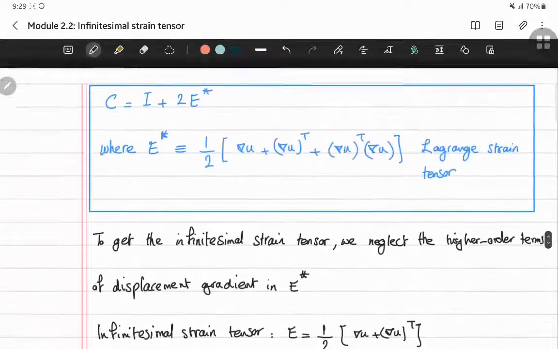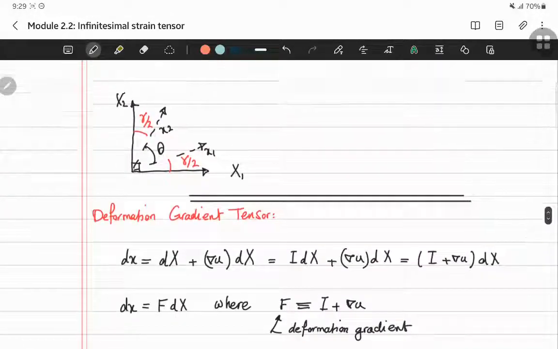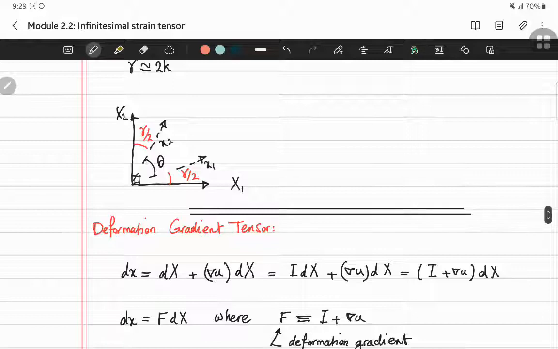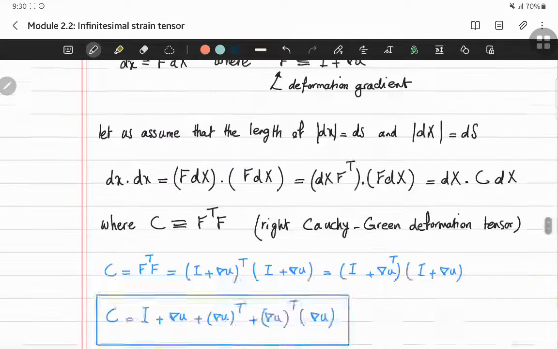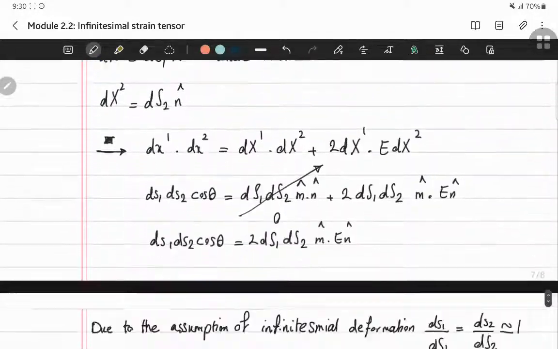So as you see, it will give us the shear or the decrease in the angle, as I already mentioned. Gamma is the decrease in the angle between two elements, originally in x1 and x2, or for example, x1, x3, x3, x2 directions.